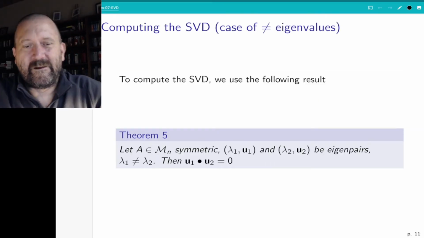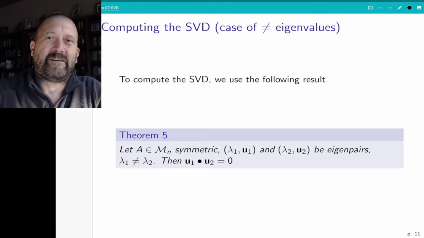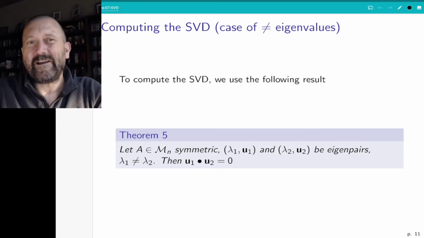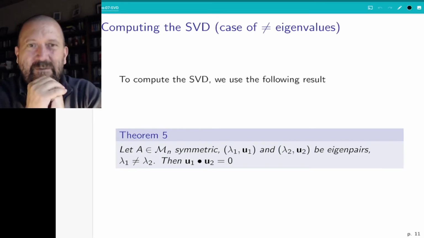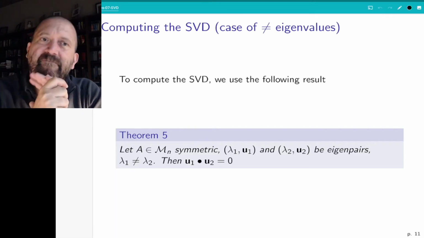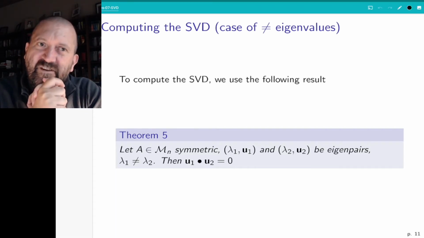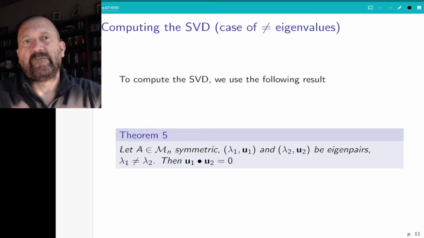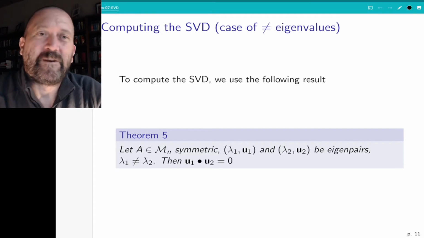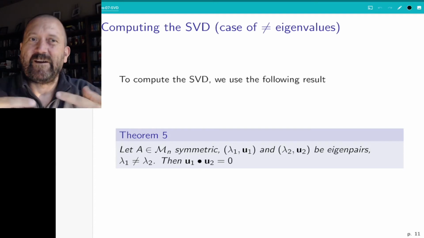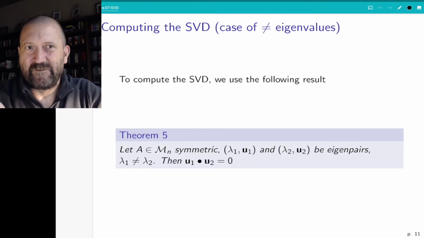Okay, so before I get into examples per se, I'll spend a little time explaining how you would compute the singular value decomposition. We're going to do a few examples by hand, and I've planned to do that in a subsequent video. But before we do this, I want to explain the mechanics of the computation.